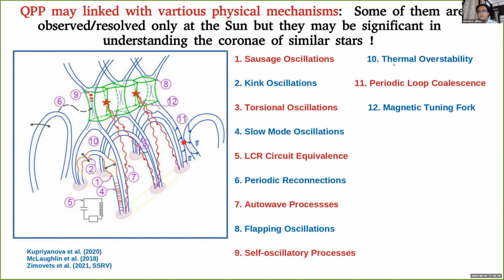Thermal overstability can be there when a heating-cooling imbalance is there. This could lead to thermal instability, but due to some nonlinear effects, its growth could be overcome, and that could lead to the thermal overstability that can also cause the QPP. And apart from that, some loop pulses can lead to the QPP and some other mechanisms like the magnetic tuning fork.